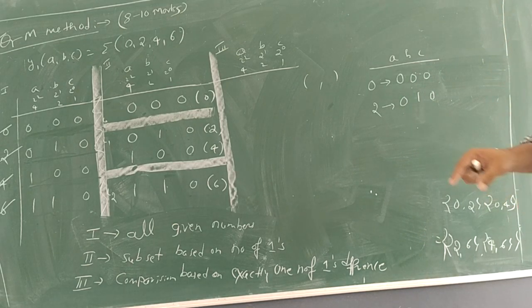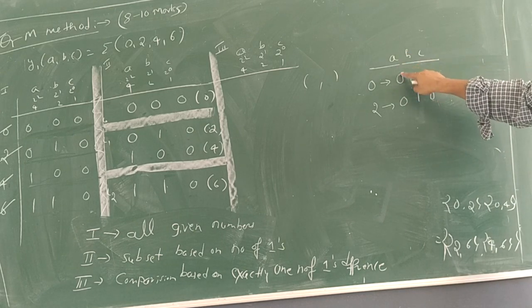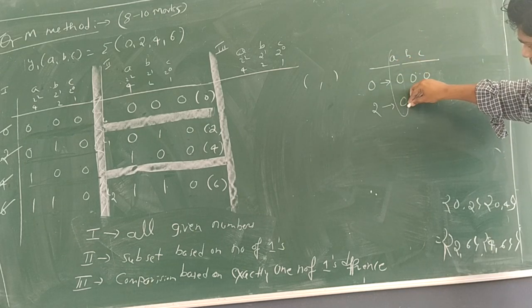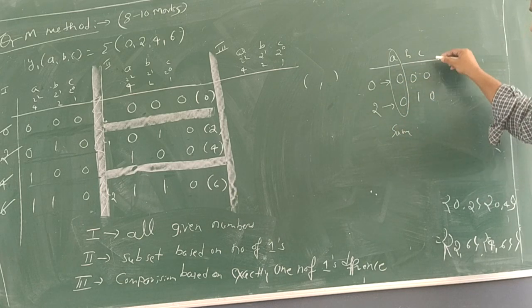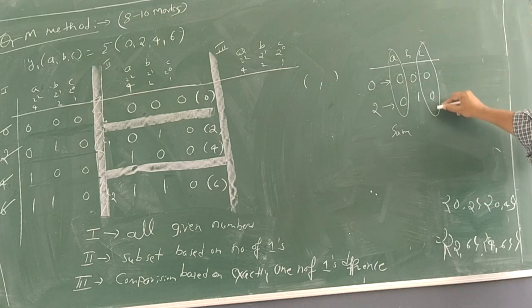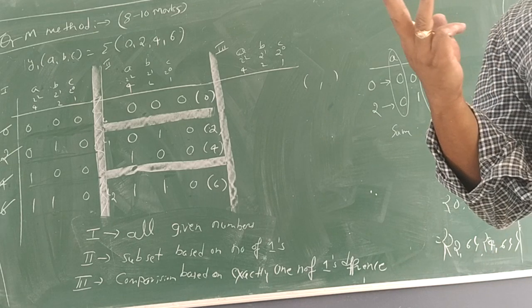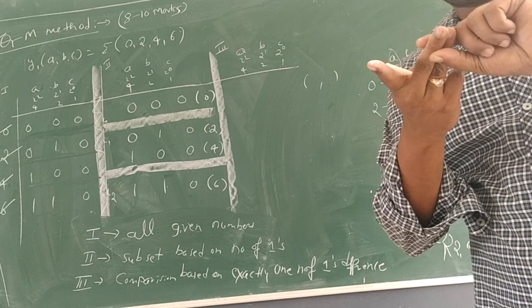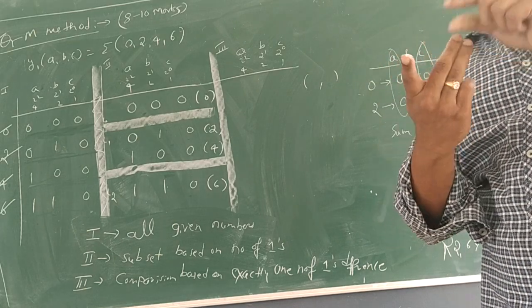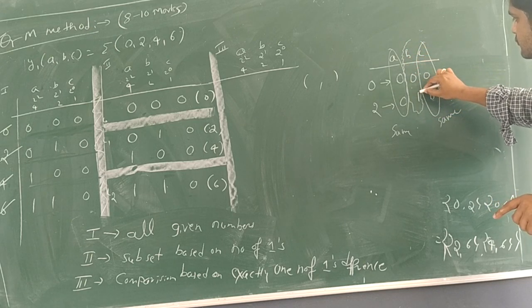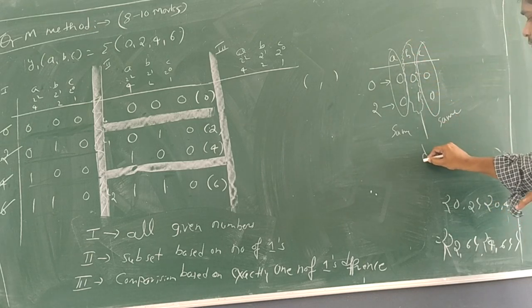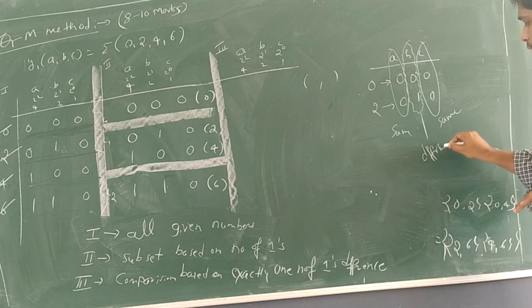See here, what is A on both sides? Same. What is C on both sides? It is also same. So out of 3 bits, 2 bits are same. What is the 1 bit? This is the difference.